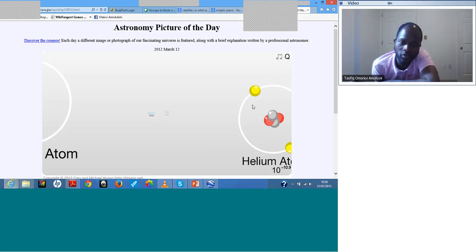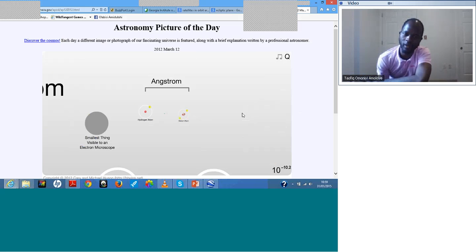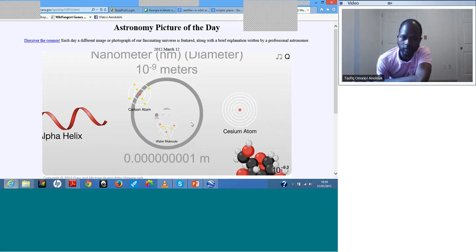For all you know, there may be some kind of life form living on the electrons and seeing the nucleus as their own sun. Who knows? But this is almost similar to what we have in space, on the more gigantic level.